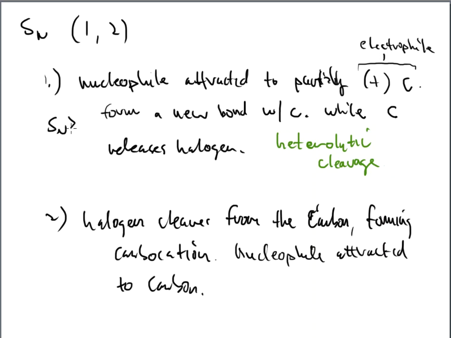SN2's up here. Carbon's a cheater. Carbon has a new bond. Carbon looks at the old bond with the halogen, decides to get rid of the ugly one, kicks it to the curb. Option number two is an SN1. The halogen leaves first, carbon becomes single, fully single, and it forms a full carbocation. And then the nucleophile goes in and forms a new relationship.